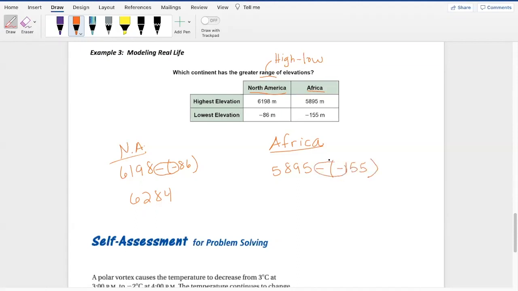Again, we get into that subtracting a negative, so I know I would be adding. And that's going to give us 6,050. So which one has the greater range? It looks like North America has the greatest range.